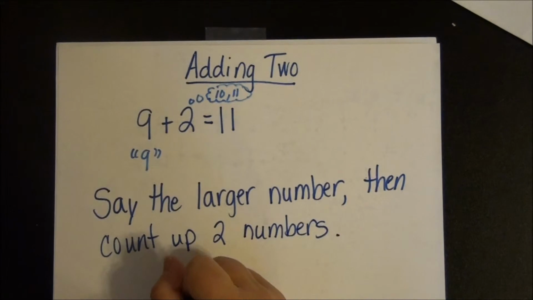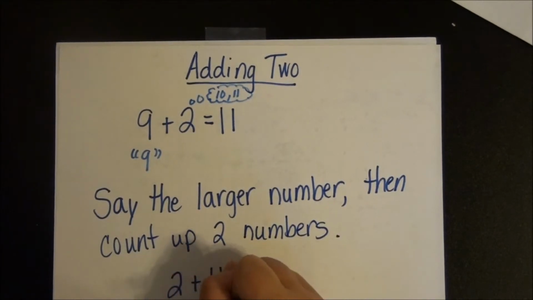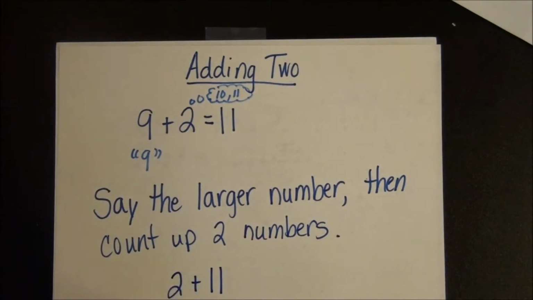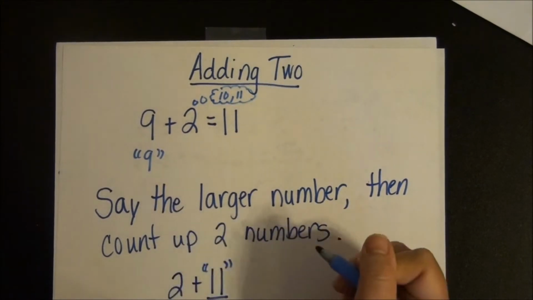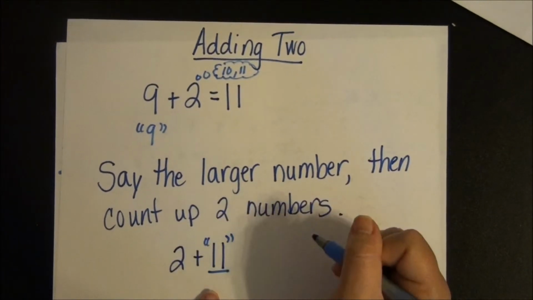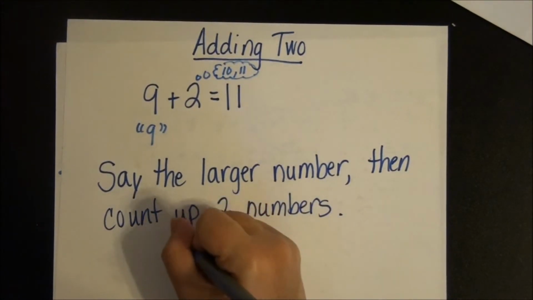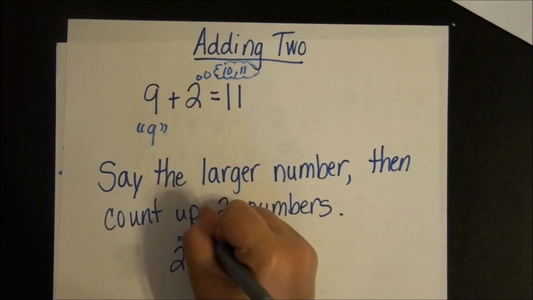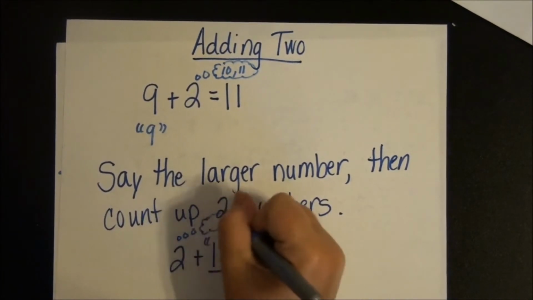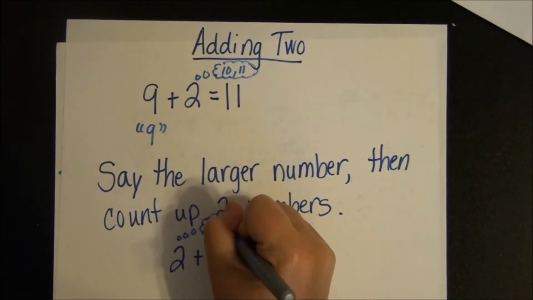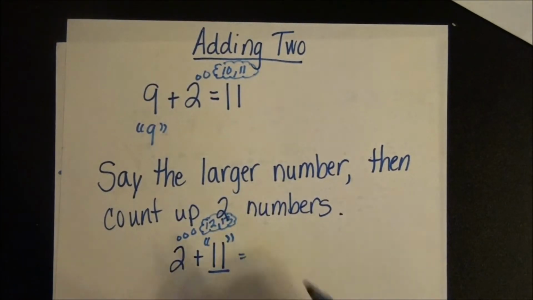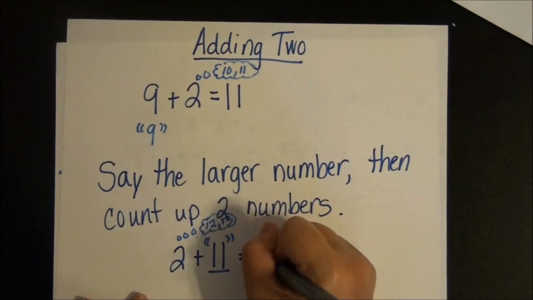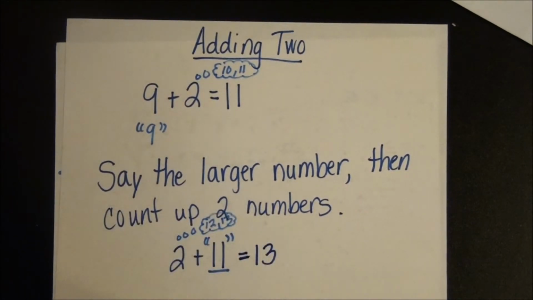Okay, let's say I have 2 plus 11. First, I'm going to look for that larger number. I'm going to say it. I'm going to put parentheses or quotation marks around it because that's what I'm going to say. I'm going to say 11. Then I'm going to think the next 2 numbers, 12, 13. And so my answer is 13. 2 plus 11 is 13.